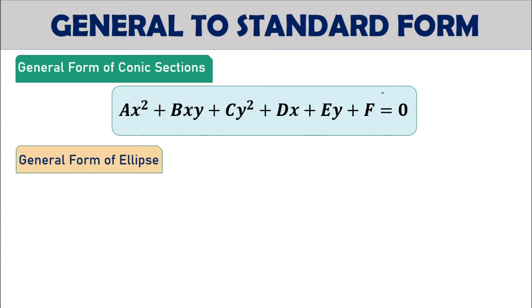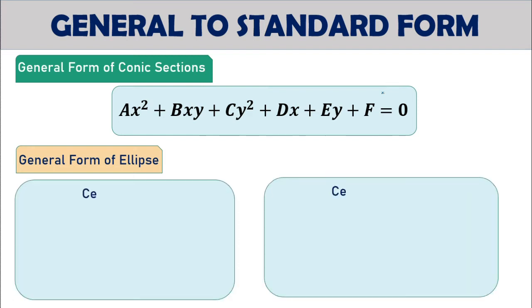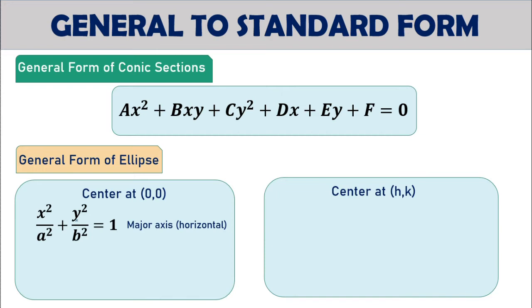It depends upon where is the origin. Pag sa center or ang center niya is at the origin or at HK. So, pag yung center is at origin, dito tayo. So, x squared over a squared plus y squared over b squared equals 1 pag ang major axis niya is at horizontal.